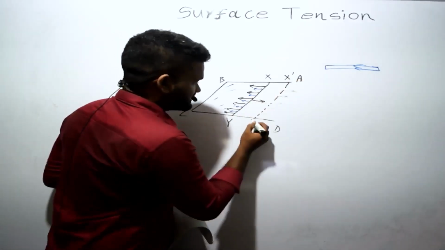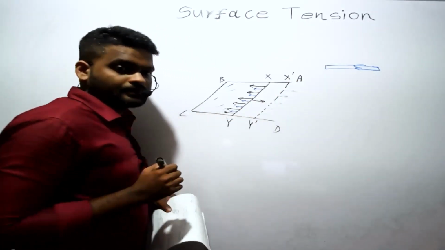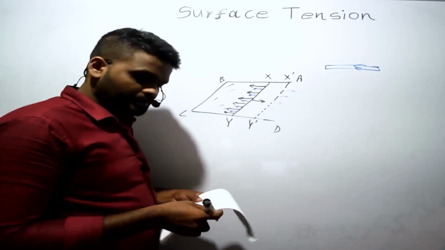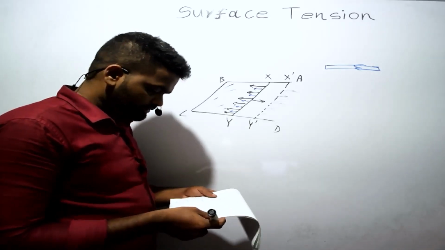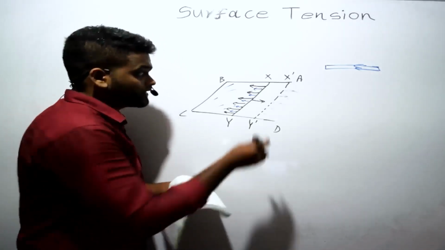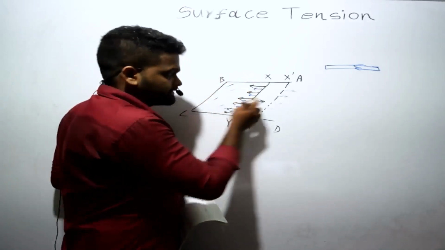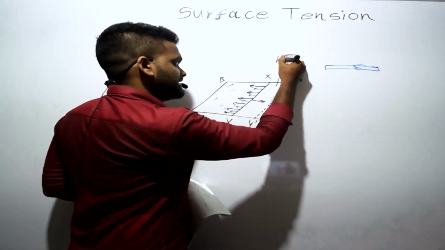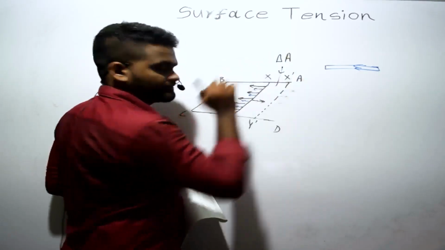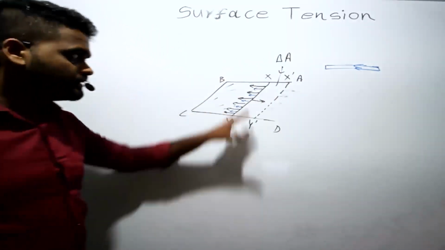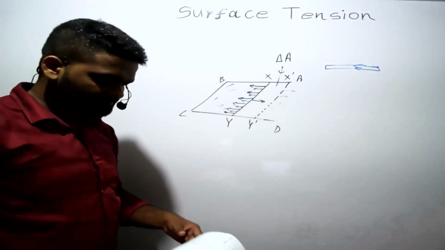Let's say that position is x dash, y dash. So what do you see? The area of the soap layer has increased by, let's say, delta A. You can mark this: area has increased by delta A.